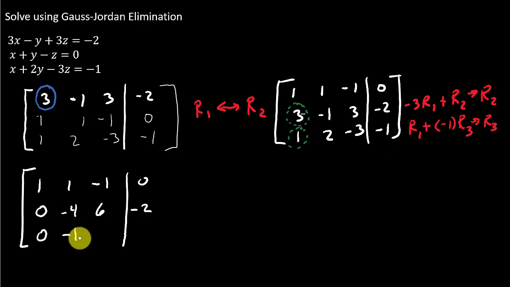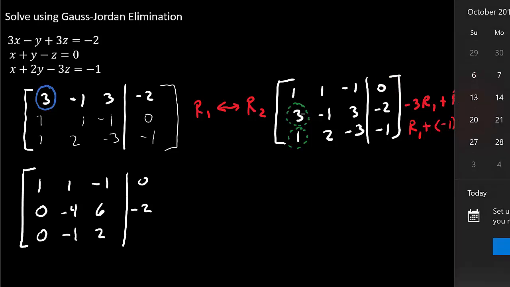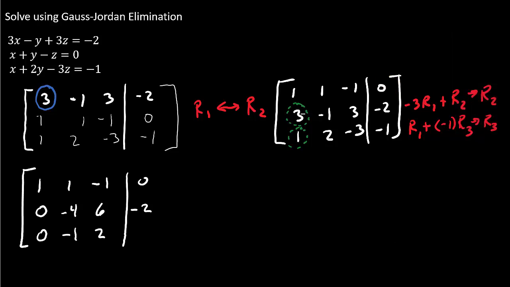And then -1 plus -1 times -3, that's 3, so -1 plus 3 is 2. And then I have 0 plus -1 times -1, that's 1, so 0 plus 1 is 1.